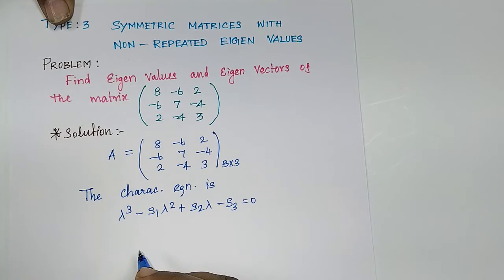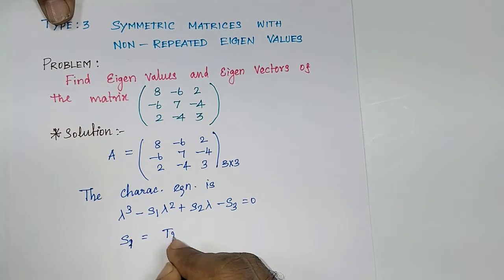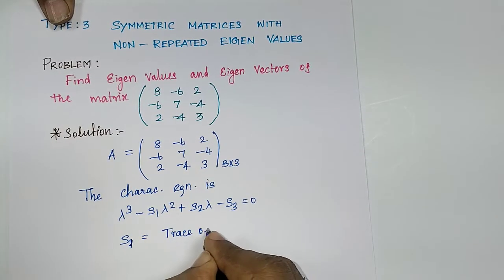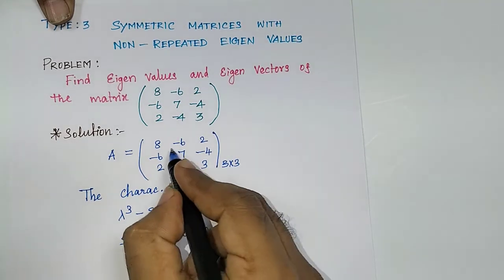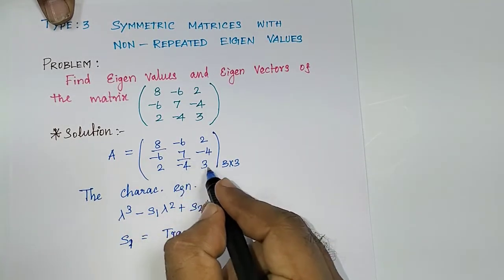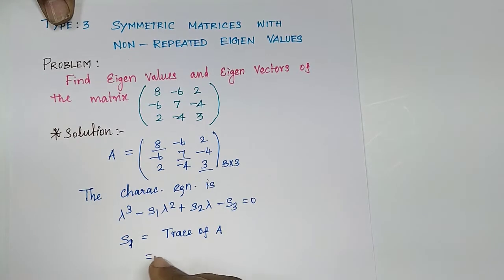Based on this, I'm going to find S1, S2, S3. We can find S1 from the trace of A. What is meant by trace of A? The sum of the diagonal elements in the matrix. So I'm going to add 8, 7 and 3, and our S1 answer is 18.